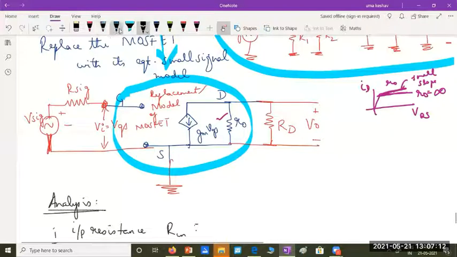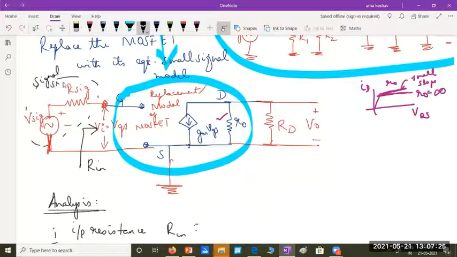Remember, input resistance is defined as the resistance seen by the signal source. So this part is the signal source. The signal source will have a voltage, and it will have an internal resistance. So what is the resistance seen by the signal source when we peep into the input side of the amplifier?